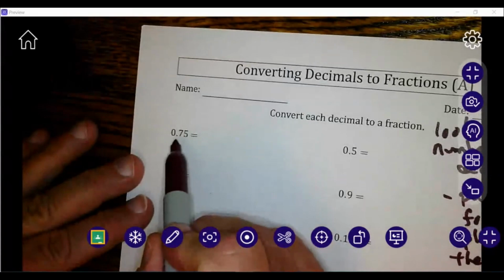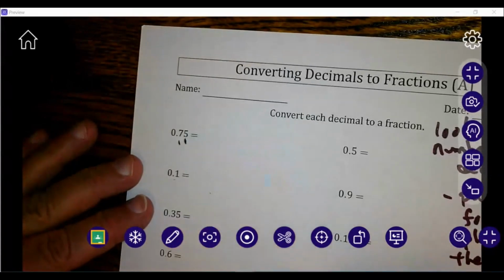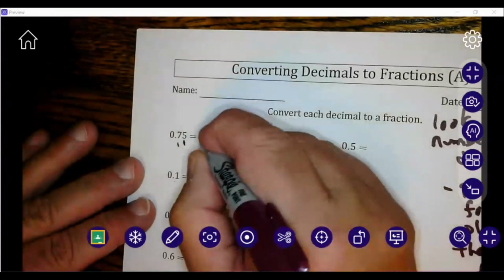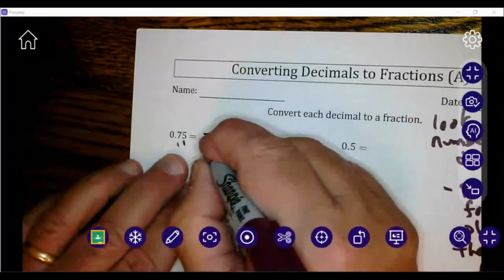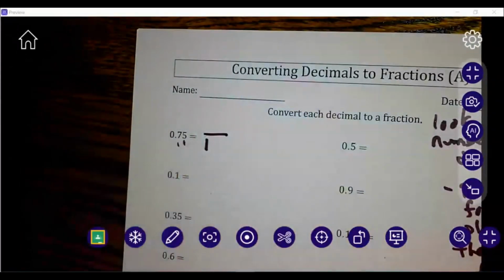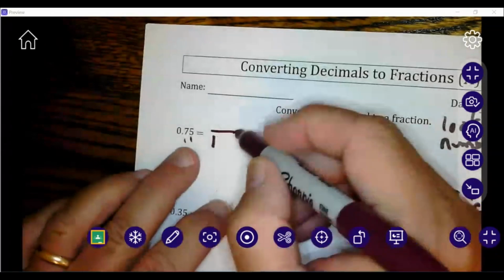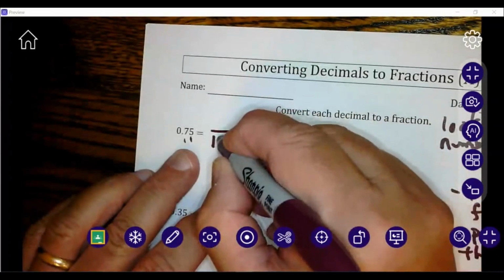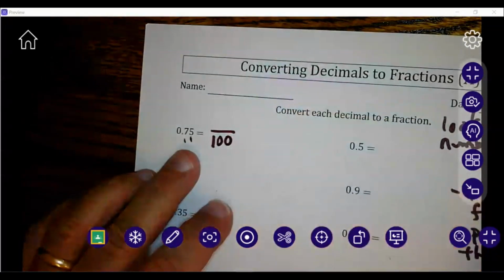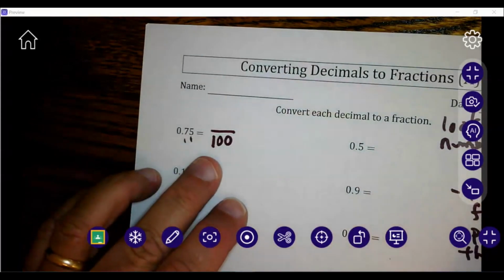All right, so let's look at the first one. I look at the first one and I have 2 decimal places. So that means that this fraction is going to be 1 over... Sorry about that. I've got 2 decimal places, so I have to put 2 zeros after the 1.